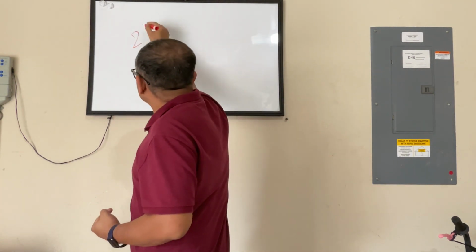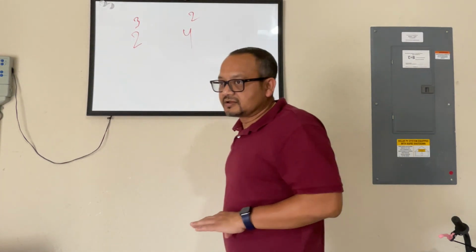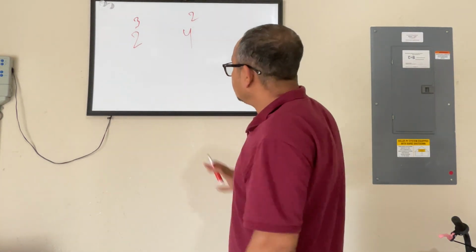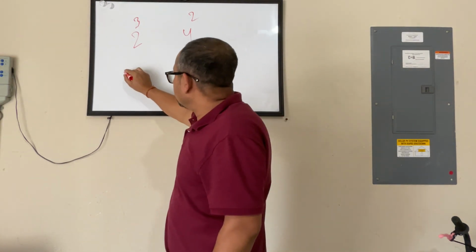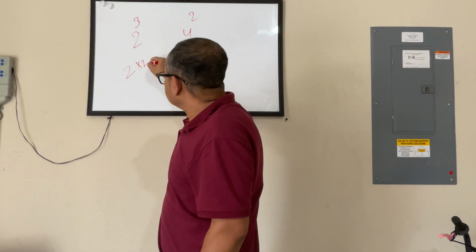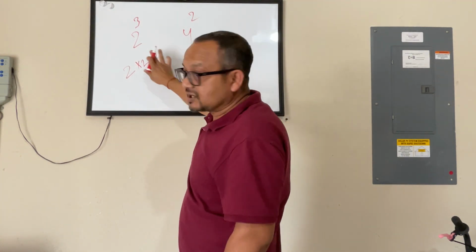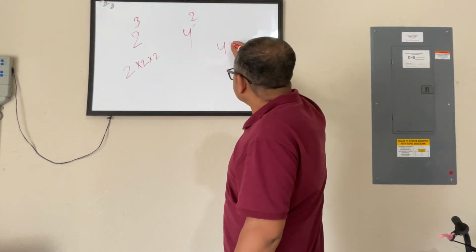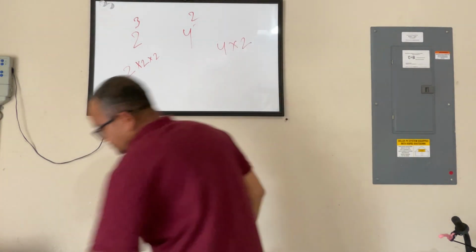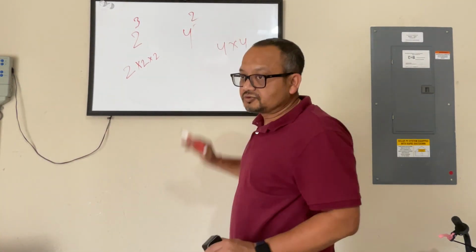So let's look at these kinds of things to begin with. This is the base. Then the next level is logs. So when we look at this, what does it mean? Whatever the power is, that many times I will multiply this number. If I have this, here the power is 2, so I will do 2 times.